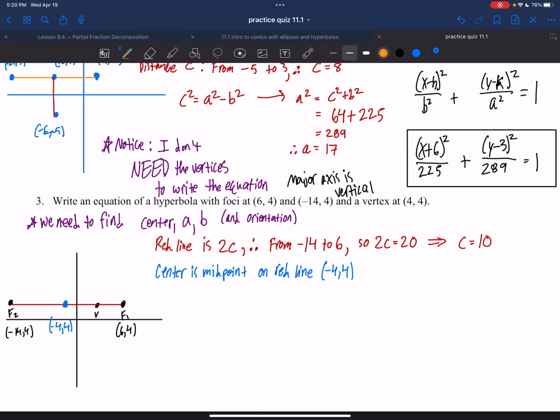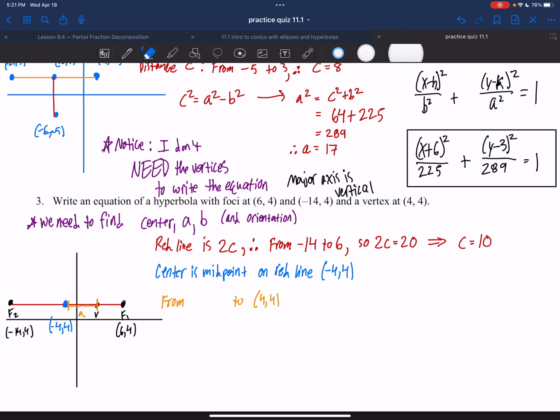You've got C. You also have A, right? Because A is this distance. That distance is A. So from negative 4, 4 to the vertex 4, 4.